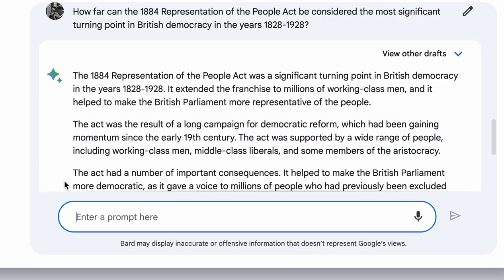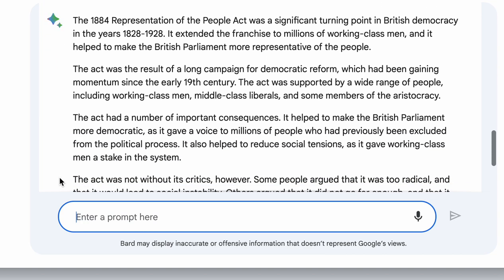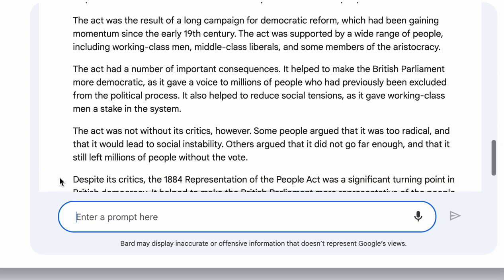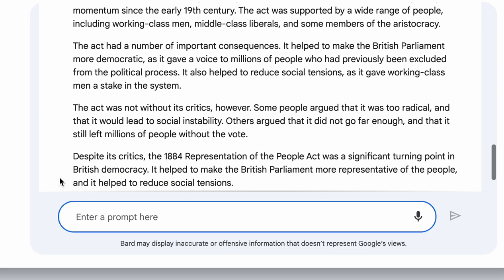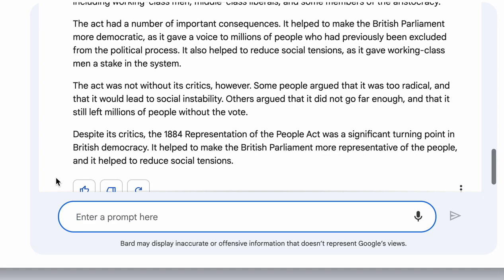Okay, so the 1884 Representation of the People Act was a significant turning point. It extended the franchise, a result of a long campaign for democratic reform. Talking about the consequences, a voice for millions of people, reduced social tensions, but then a counterpoint. Some said it was too radical, others said it didn't go far enough.